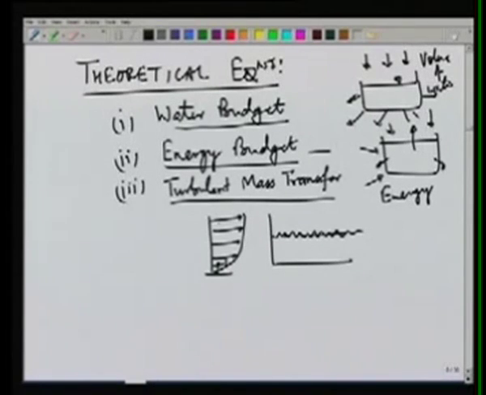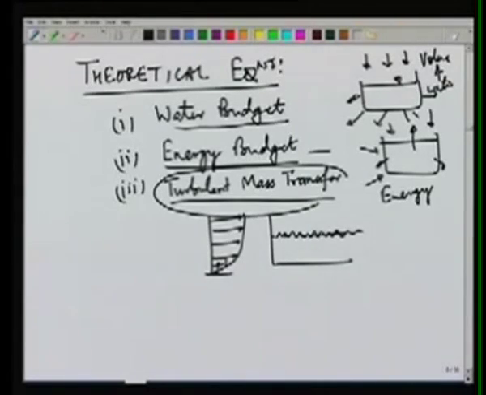And looking at the theoretical behavior of this mass transfer, we can evaluate the concentration of water vapor in the air, and the gradient and the fluctuations will cause the mass transfer or will cause evaporation. These theories are a little more advanced, so we will not look at them here. Only these two, water budget and energy budget, we will look at here.